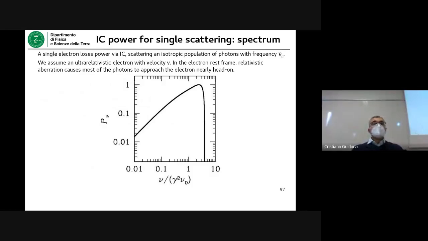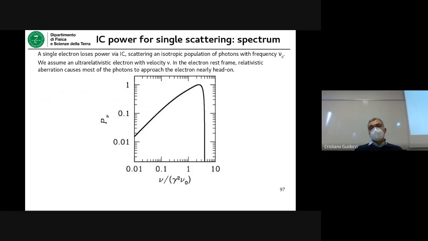In principle, we should go through the very same process here if we now want to derive the spectrum of the radiation produced by the inverse Compton scattering of a single electron moving within an isotropic field of photons. So not only the total power, but the power as a function of frequency. So if you want the specific power, the spectrum, as I keep calling it.